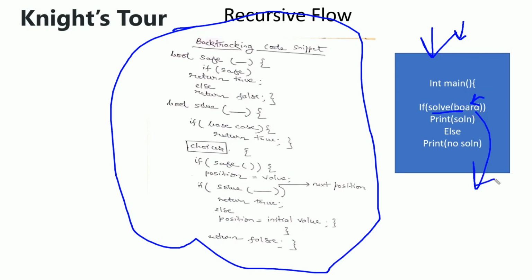So the information will be the starting position of the board, an empty board in which the initial value should be -1 for all the squares available.